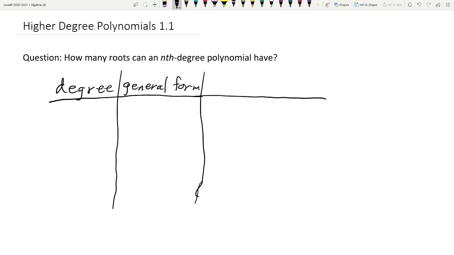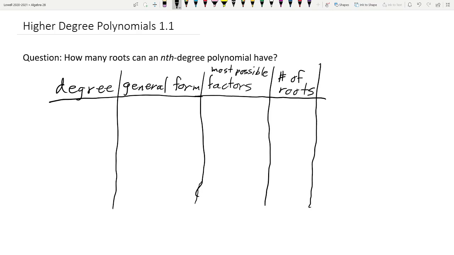What I'm also going to do is we're going to use what we know about factoring to help us out here. And we're also going to draw some pictures. Okay, there's a lot going on here, but we can figure this out.